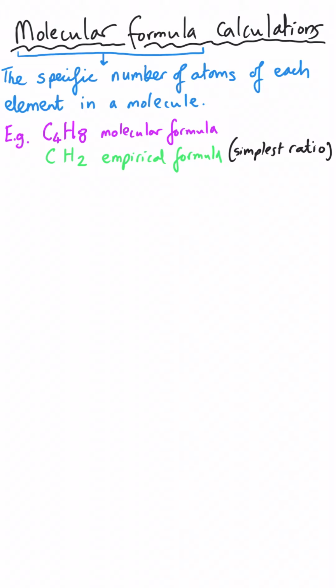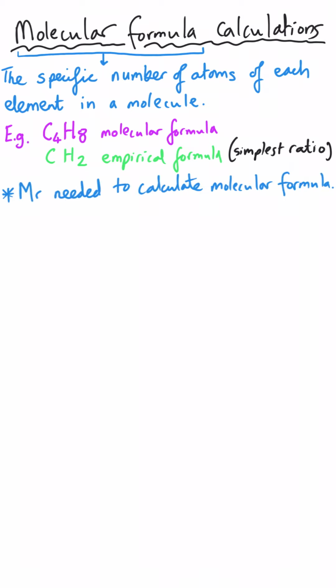Not only can you calculate empirical formulae, you can also work out the molecular formula of something. To do this, what you need to remember is that the empirical formula is the simplest whole number ratio of all of the elements in a compound. You need one extra bit of information to do this, and that is the relative formula mass of the molecule itself.